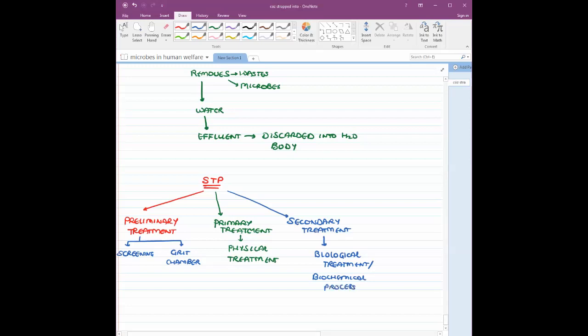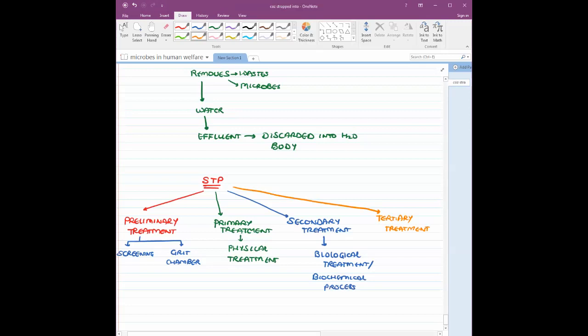And then, guys, after this, what are we going to have? After the secondary treatment, we are going to have the last treatment, that is tertiary treatment. This is going to be like your anaerobic digestion.